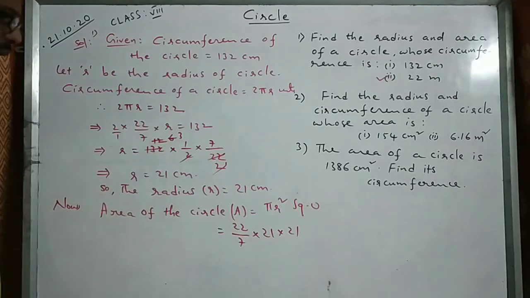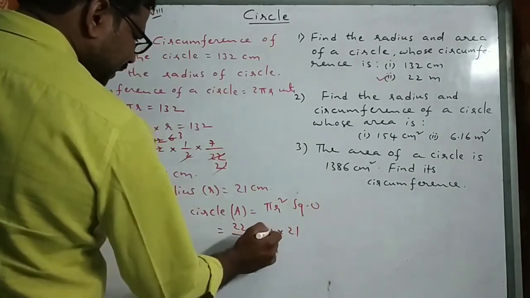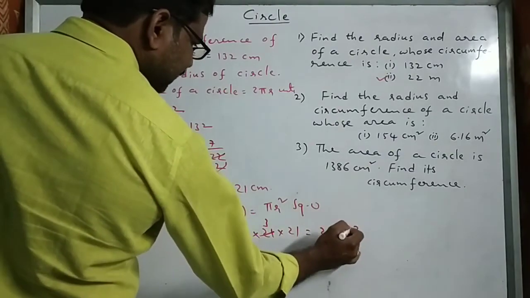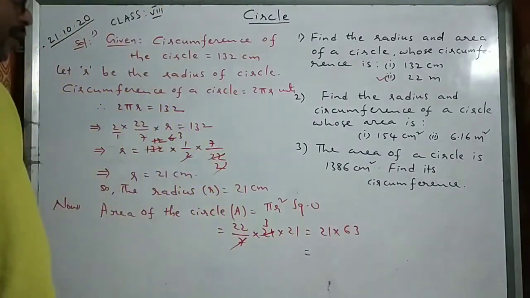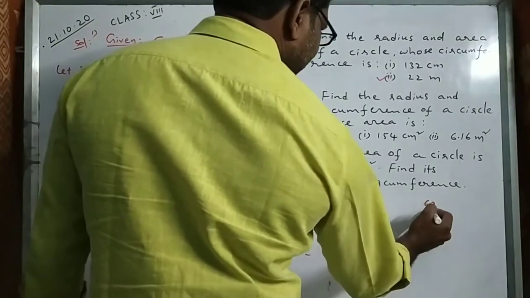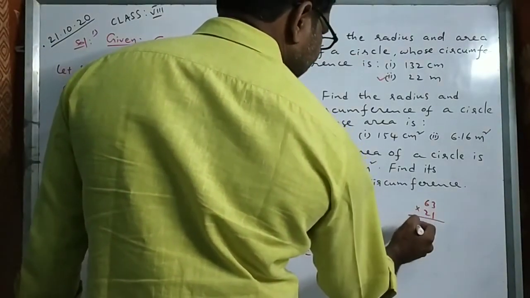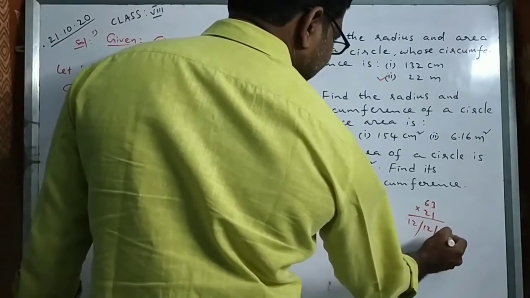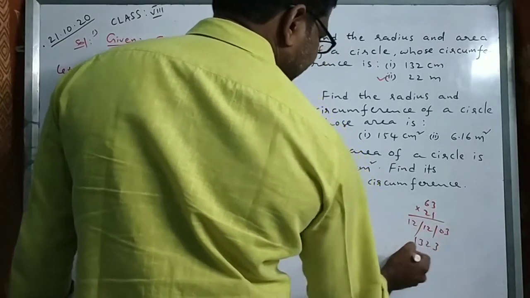So r square means 21 into 21. 7 3s are 21. Take the product: 63 into 21. 2 6s are 12. 3 1s are 3. So 1323.